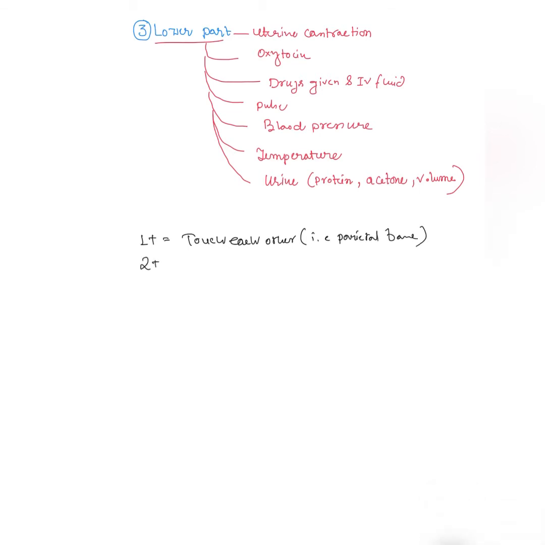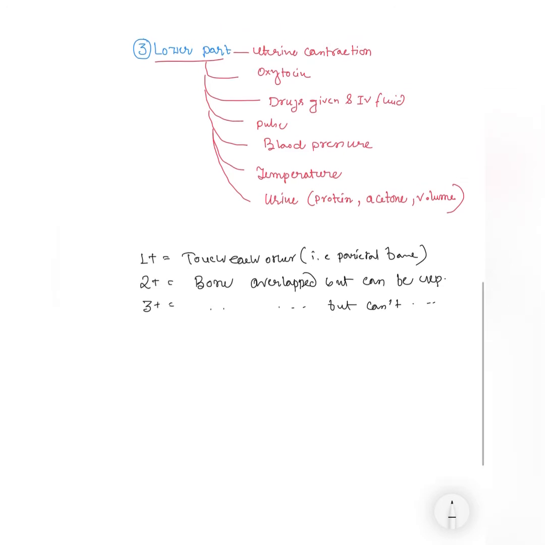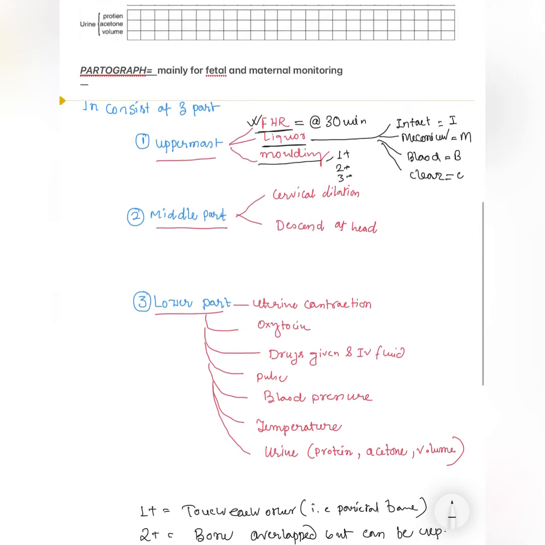In case of 2 plus, the bones overlap but can be separated. 3 plus, the bones overlap but can't be separated. So this is the molding, and these three are the uppermost part.